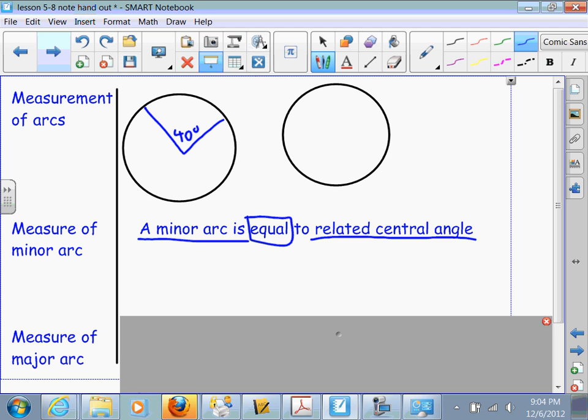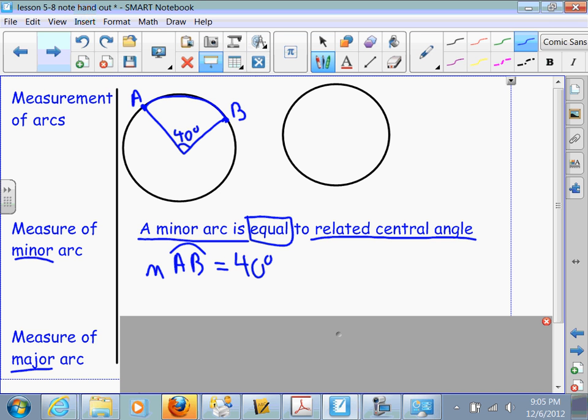I can label my arc like this: here's A, here's B. The measurement of arc AB, with my arc symbol over the top, is equal to 40 degrees. So we measure our arcs in degrees, just like angles, and they are related to their central angle.